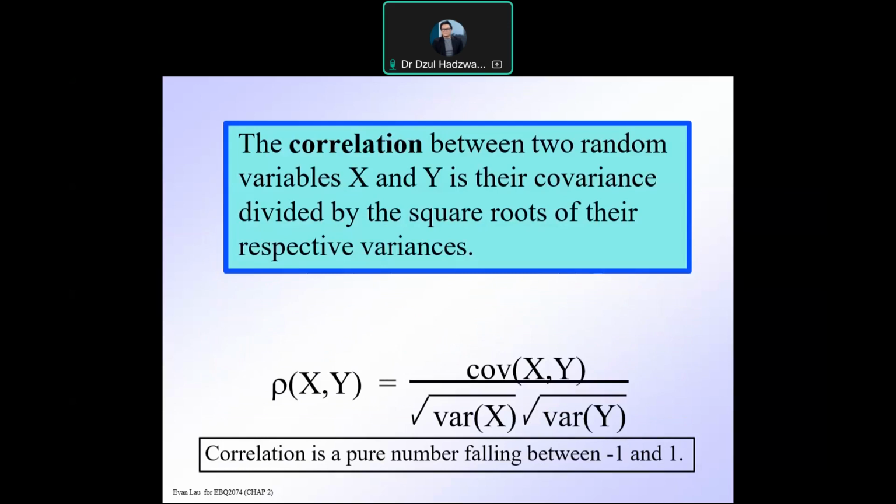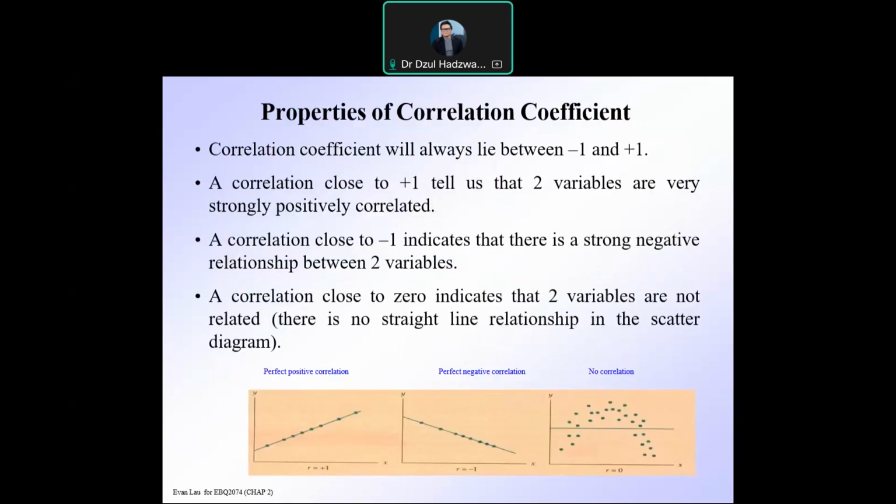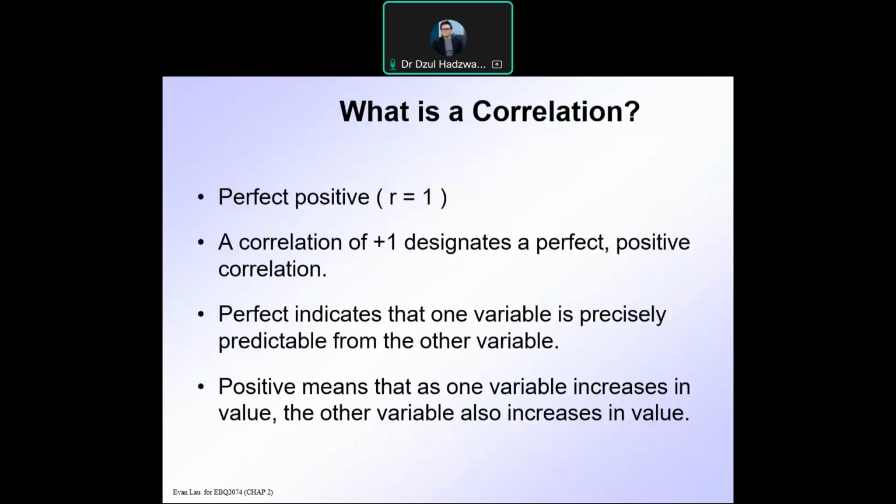Example, the strength, how many percent of income influences the behavior of expenditure. Okay, as I told you, it should be like this. Same thing with the covariance, and then the correlation also. But with correlation we can use numbers to explain the magnitude.